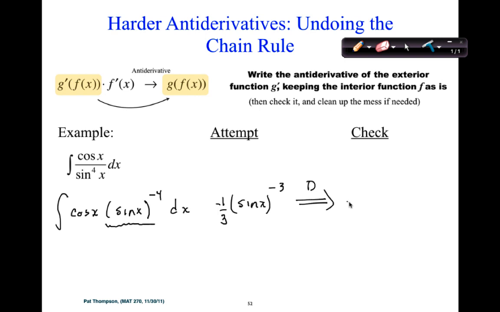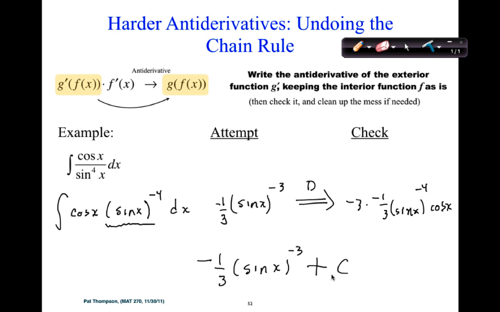Derivative is negative 3 times negative 1/3 sine x to negative 4 times cosine x. Is that function exactly the rate function we were given? Exactly the same. Therefore, first attempt was exactly right. So it's negative 1/3 sine x to the minus 3, minus f of a, right? Minus f of a, but we just normally put plus c.